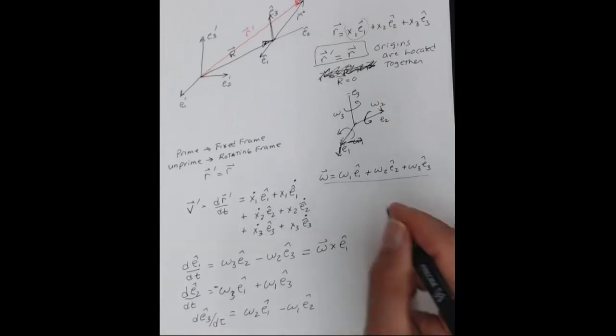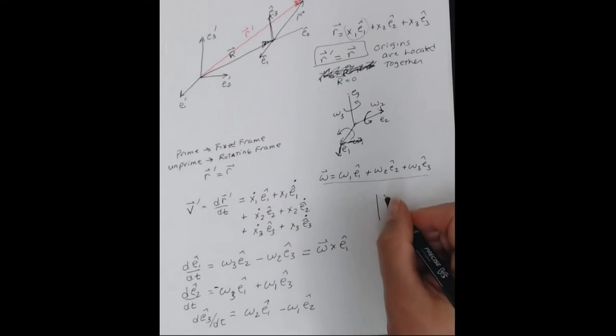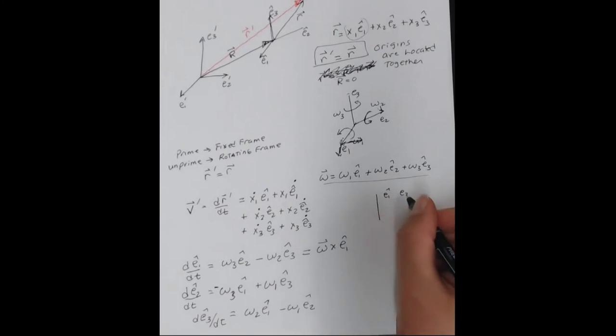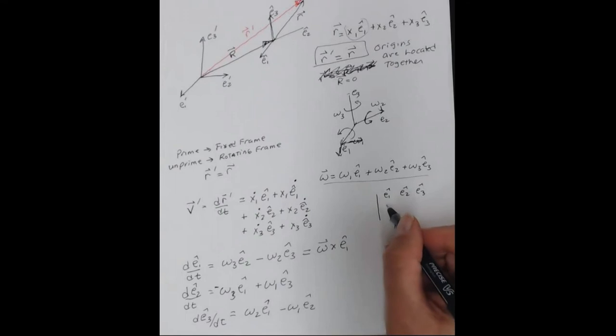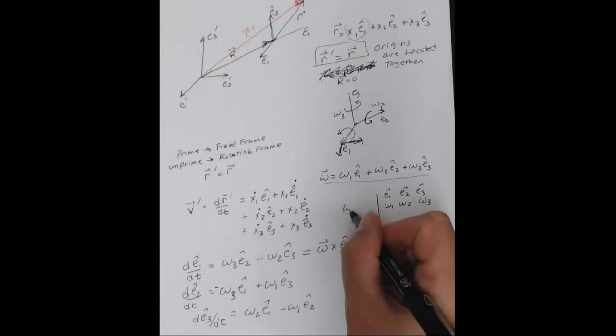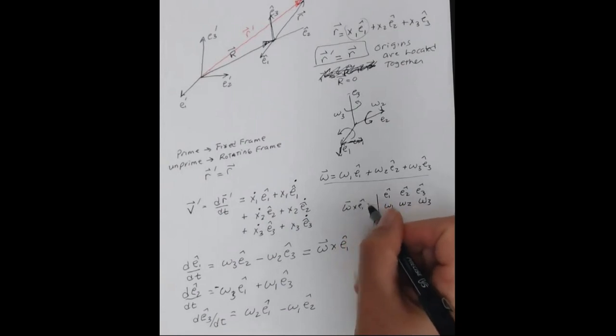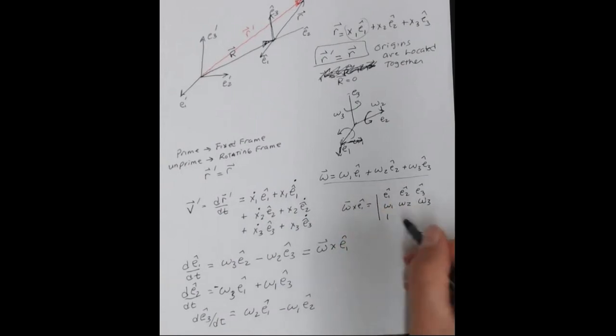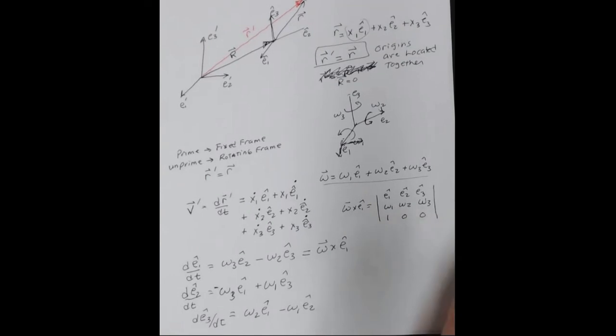If you want to see that, here's E1 hat, E2 hat, E3 hat, omega 1, omega 2, omega 3. So omega crossed E1 equals, and then for E1 you put a 1 there. It's unit length. So there we go.